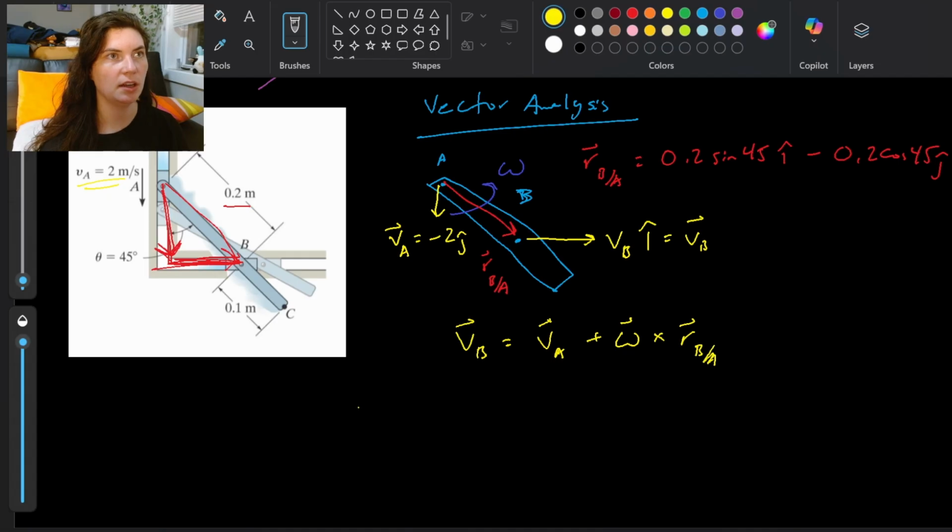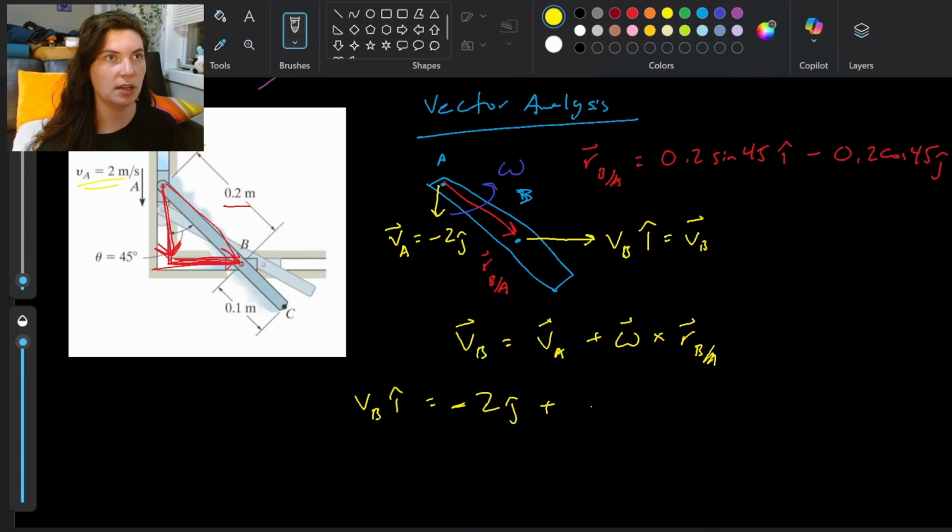VB, I know, is VB i hat. Then VA, I know, is negative 2 j hat. Then omega, remember, is always going to be in the k hat direction in these problems. In this case, it's rotating in a counterclockwise fashion, which is positive k hat.